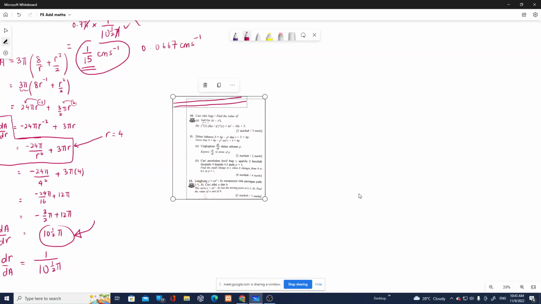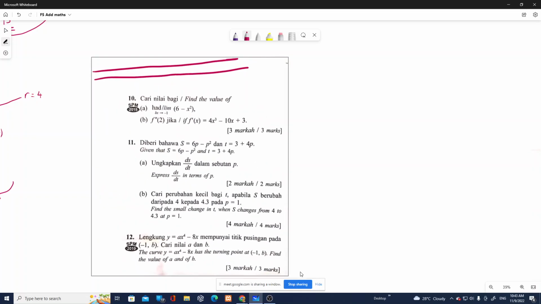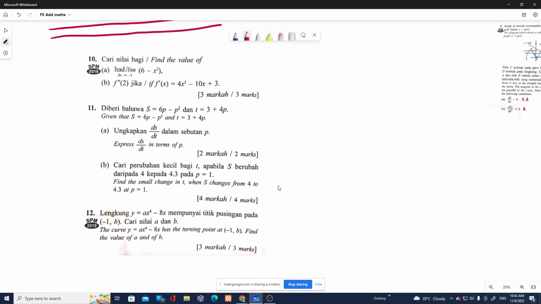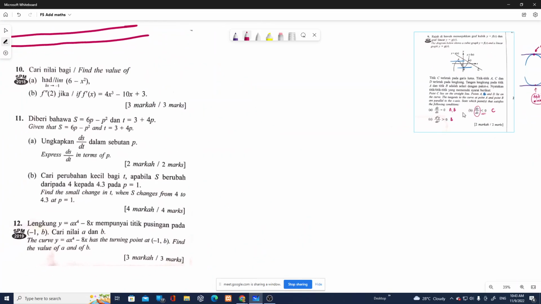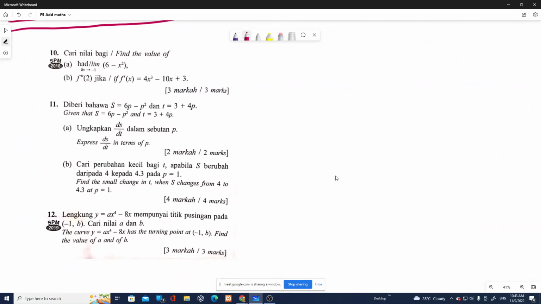Okey, kita pergi kepada soalan yang seterusnya. This is our fourth question, is it? Yes. Okey, ini sudah. Soalan seterusnya. Nombor 10A. Cari nilai had 6 tolak dengan X kuasa 2. Okey, ini senang lah, tak susah ya.